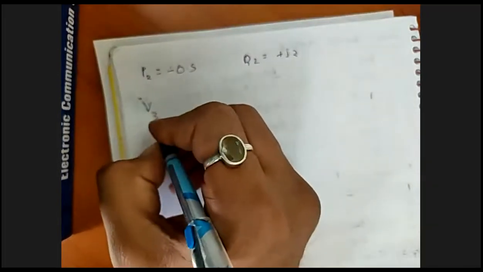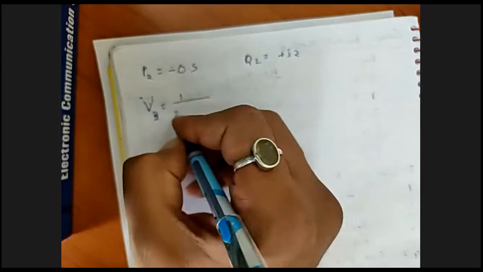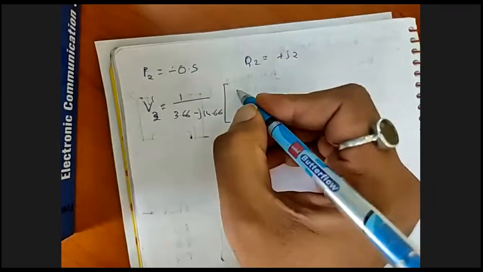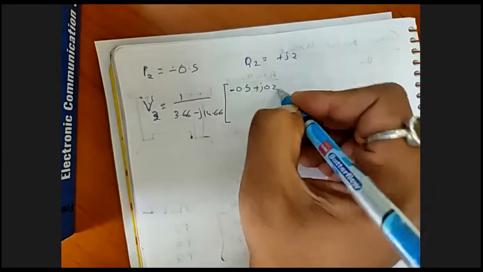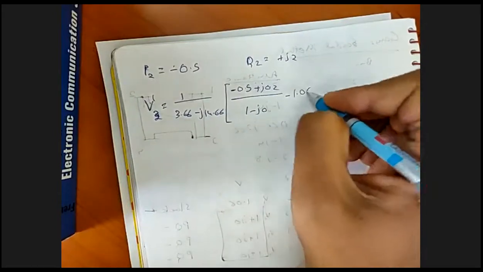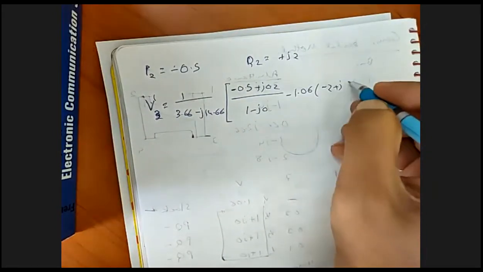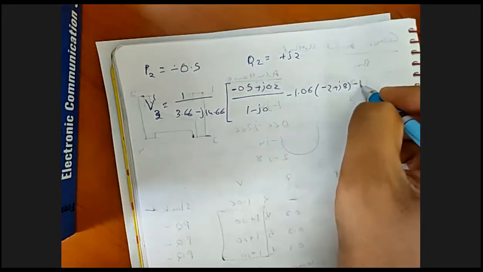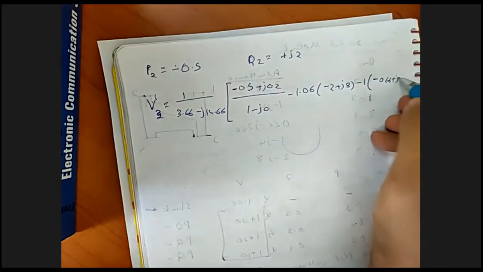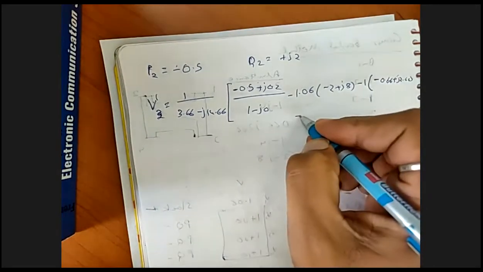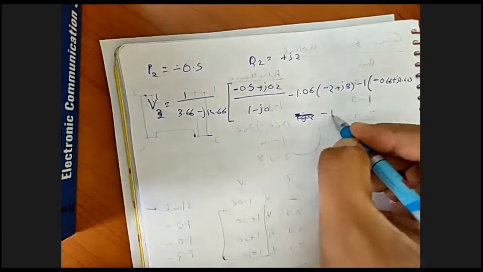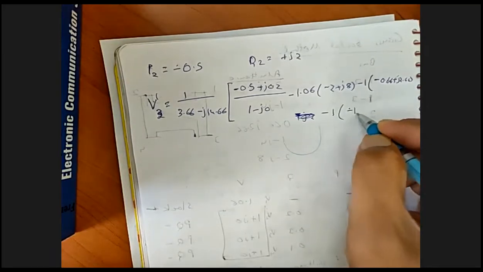So V2 at iteration 1 will be 1 upon 3.66 minus J14.66, times minus 0.5 plus J0.2 divided by 1 minus J0, minus 1.06, minus minus 2 plus J8, minus 1, minus minus 0.66 plus J2.66, plus minus 1, minus minus 1 plus J4.